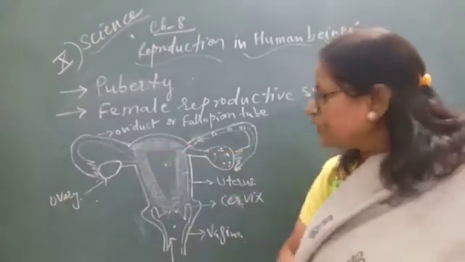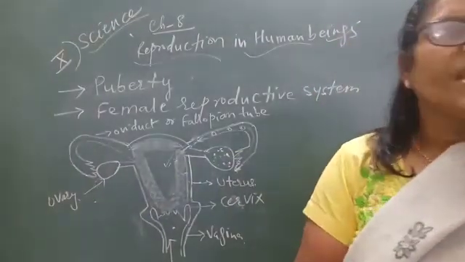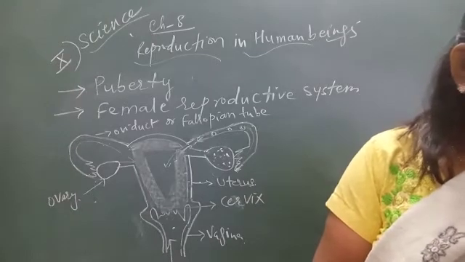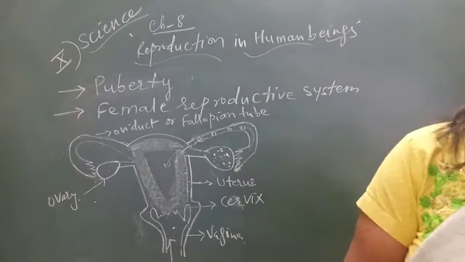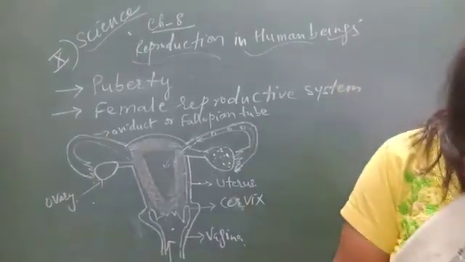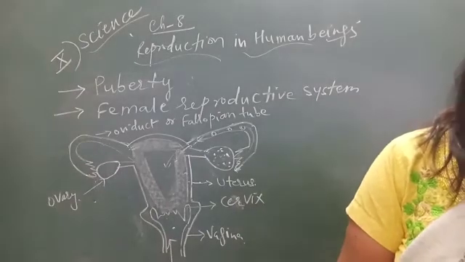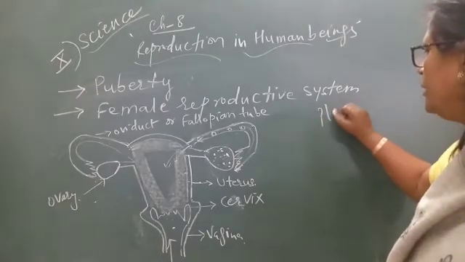The uterus walls contain these blood capillaries and are ready to implant the embryo every month. The embryo gets nutrition from the mother's blood with the help of a specialized tissue called the placenta.